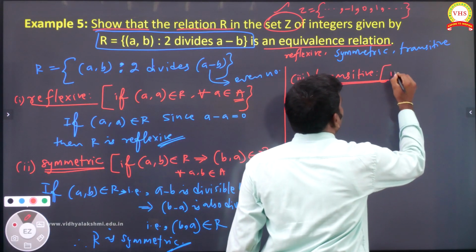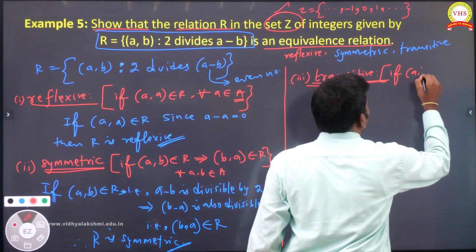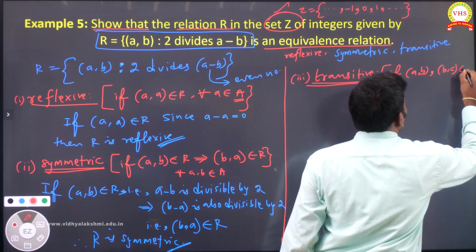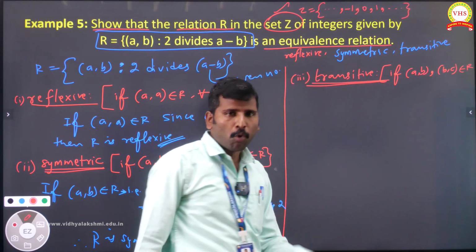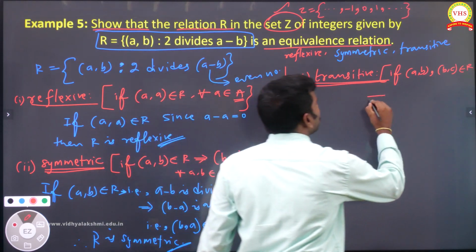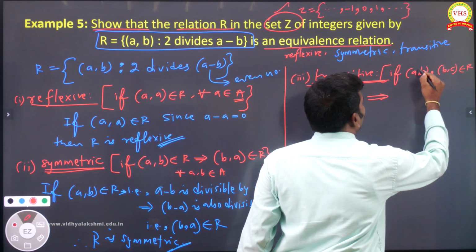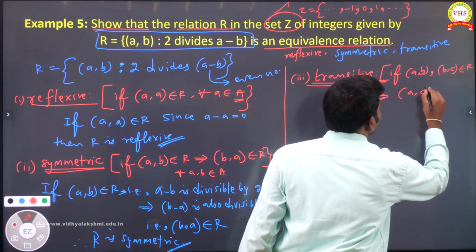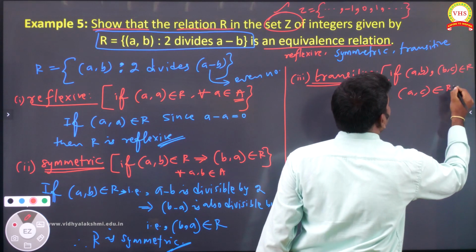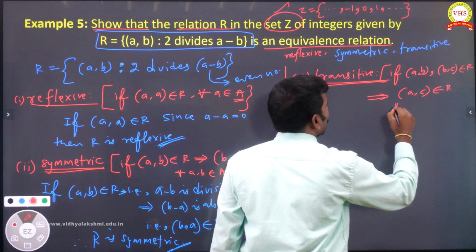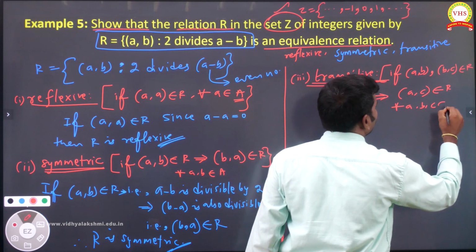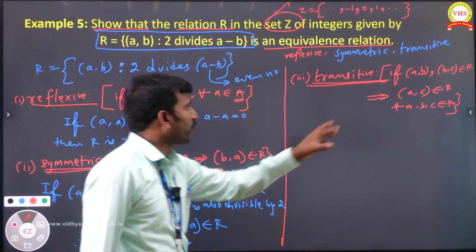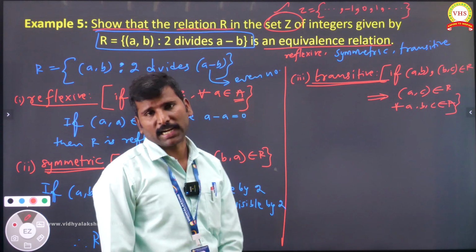Okay, so first take if a comma b and b comma c both belong to R. This implies, except the common one b and b, the first one of this and the last one of this, a comma c also belongs to R, you should get. Here for all a, b, c belonging to A, this is the formula that should be satisfied for transitive.